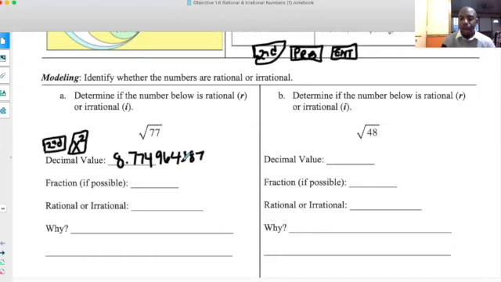Now, the next thing I want you to do is say, okay, can this turn into a fraction? We check to see if it turns into a fraction by simply doing second PRB, enter.